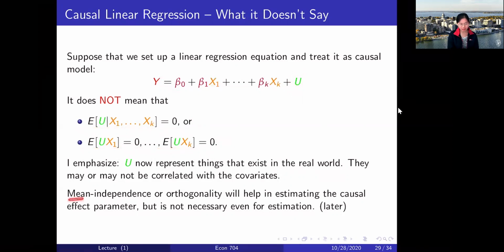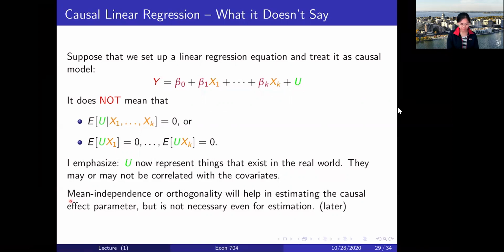Of course, this mean independence and orthogonality could be helpful when we are trying to estimate the betas, when we try to take this model to data. But they do not necessarily hold. You're going to have to argue for them based on your understanding of the world or understanding of the problem that you are solving.